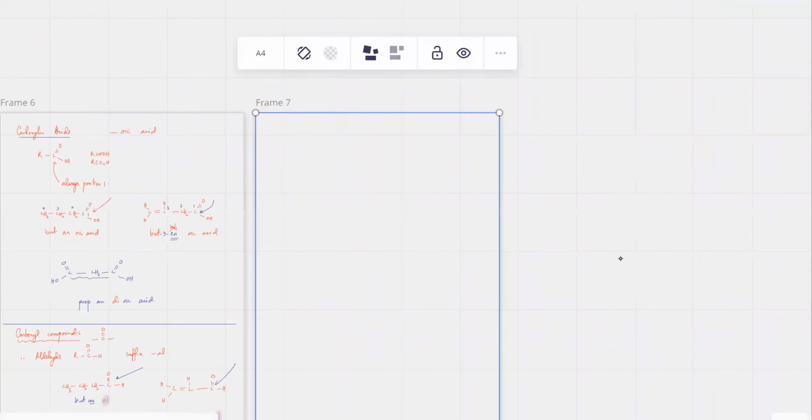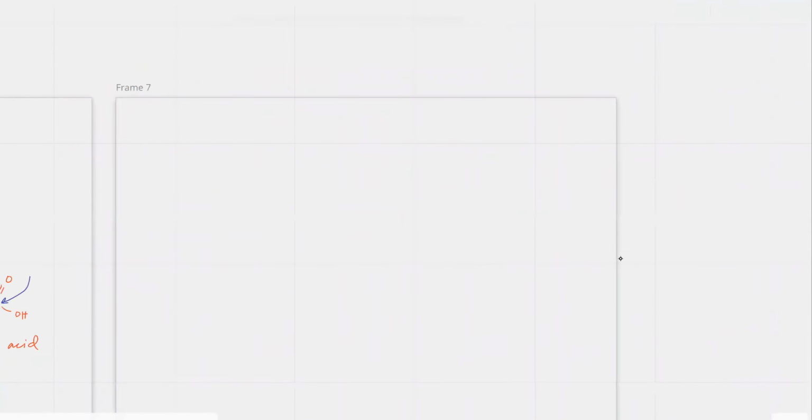So we're going to quickly do ketones. Ketones is the second part of carbonyl compounds. Now in ketones, the double bond O is right in the middle of the chain. Now, if it's in the middle, you have to give it position.